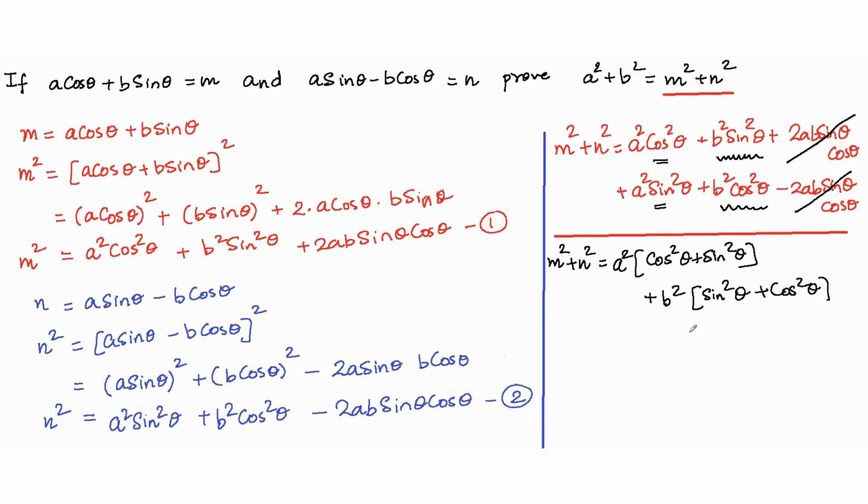Now sin square plus cos square is 1, which implies M square plus N square is equal to A square plus B square, and this is precisely what I wanted to prove in the original question. And the techniques that I used here were just A plus B the whole square and A minus B the whole square.